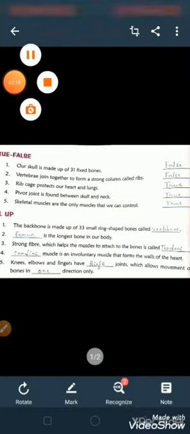Next, last one. Skeletal muscles are the only muscles that we can control. As I told you, skeletal muscle is the only muscle which we can control, because these skeletal muscles are also called voluntary muscles.